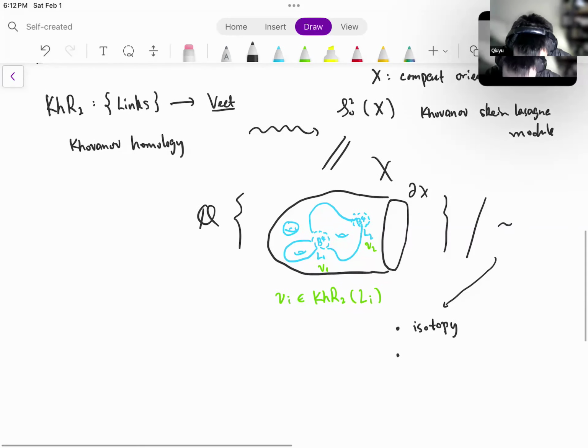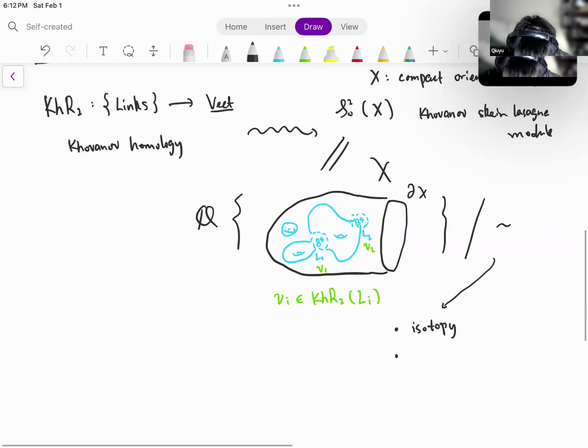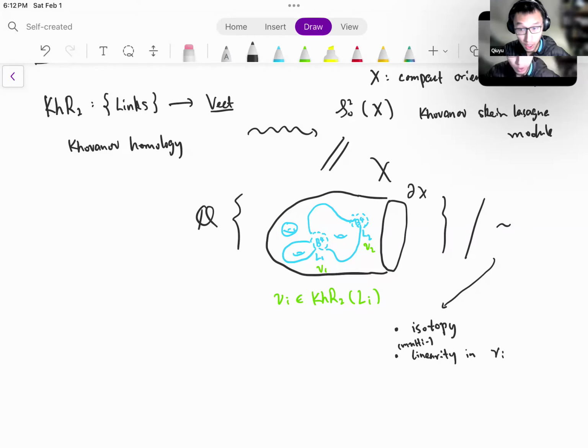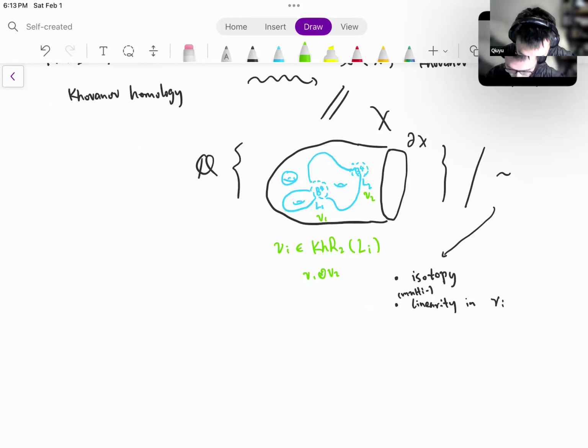And secondly, we need to mod out by linearity in the labels, I guess more precisely multilinearity. So really, this V1, V2 label, you should think of as a total decoration by V1 tensor V2. So if you have two decorated skeins where the underlying skeins agree, but maybe they have different labels, you can formally add those labels together in a multilinear way.